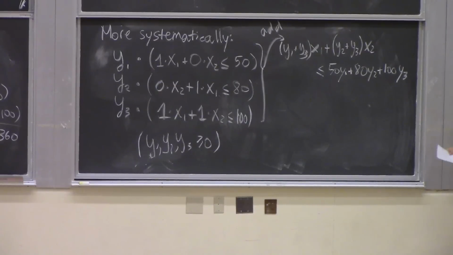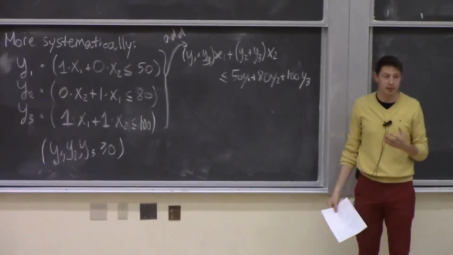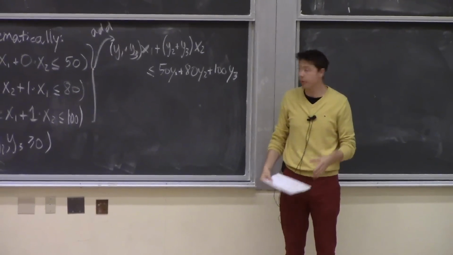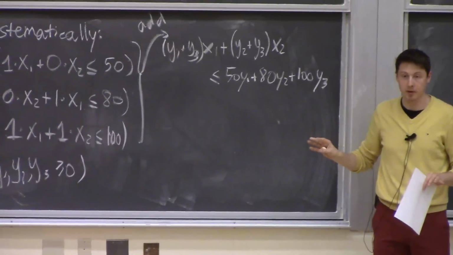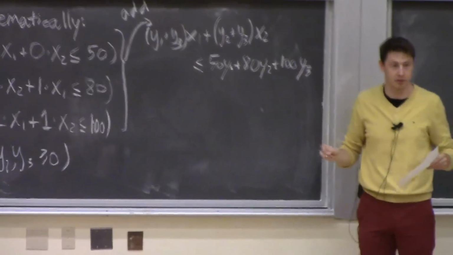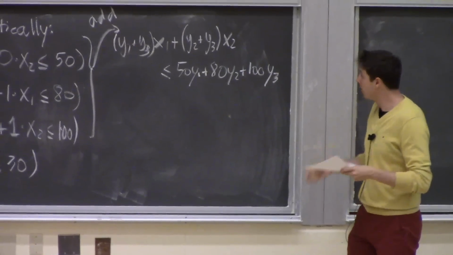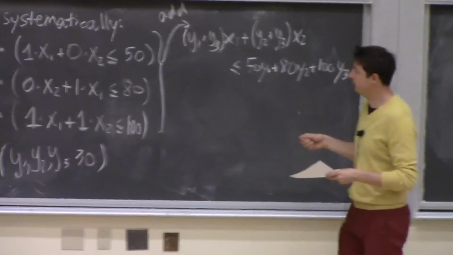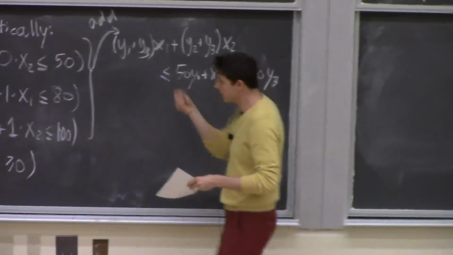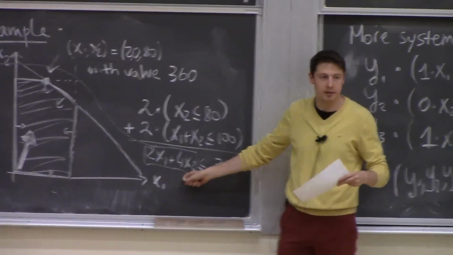Notice that it's a parameterized inequality for any non-negative setting of y1, y2, y3. This is a derived constraint, okay? So it's like a space of possible derived constraints, okay? Now, what is really interesting to me is that I derive a constraint that means something to me.